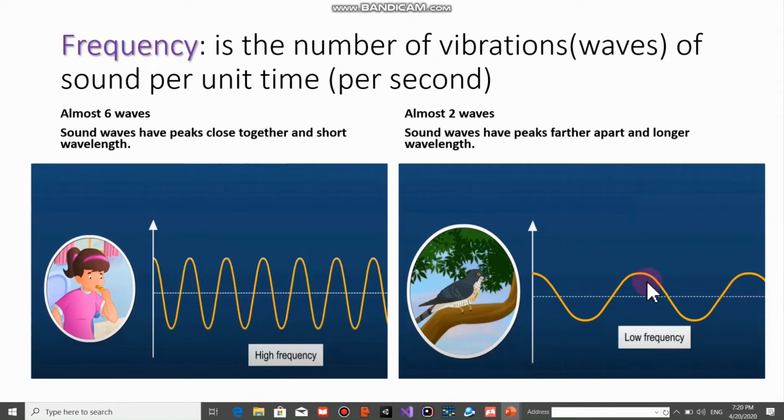Second one, 2 waves. Sound waves have peaks further apart and longer wavelength than the other. So we call that low frequency. So all the time, to identify frequency, we have to say low frequency or high frequency.